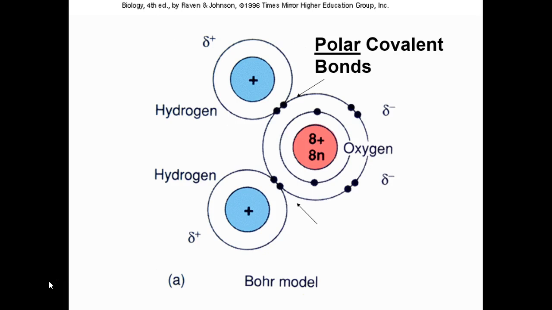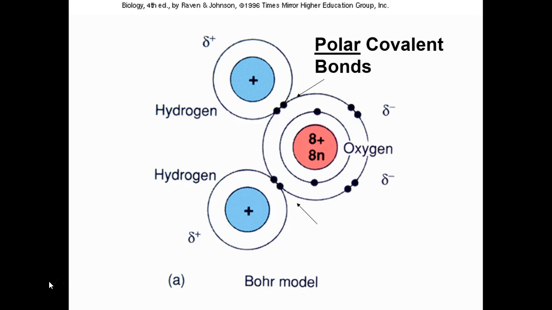Because of the unequal sharing of electrons, we call that covalent bond a polar covalent bond. To be technical, we would describe that as a single polar covalent bond. They're sharing a single pair of electrons. Polar means unequal sharing of electrons.